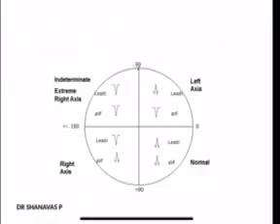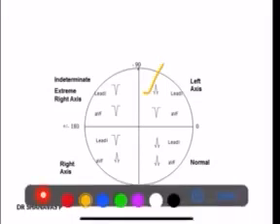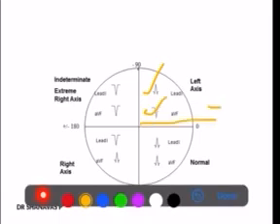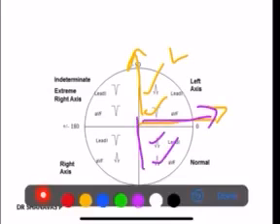In this picture, lead 1 is positive and lead aVF is negative, so it is left axis deviation. In the next picture, lead 1 is positive and lead aVF is also positive, so it has a normal axis.